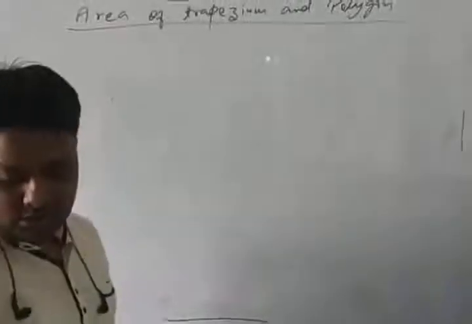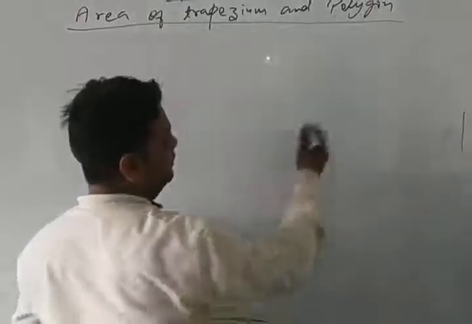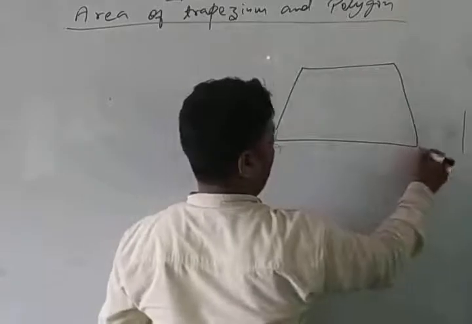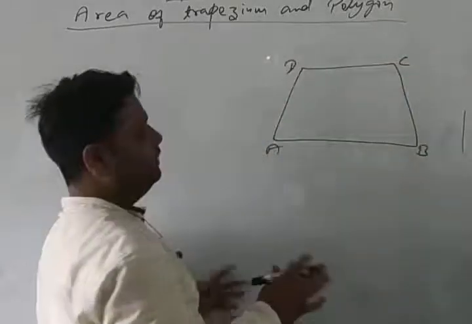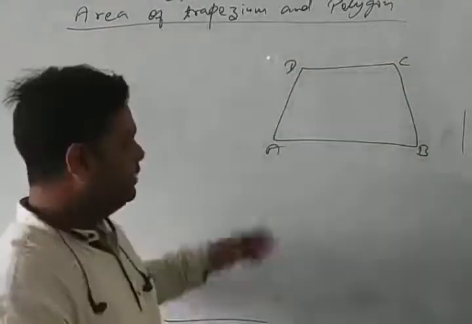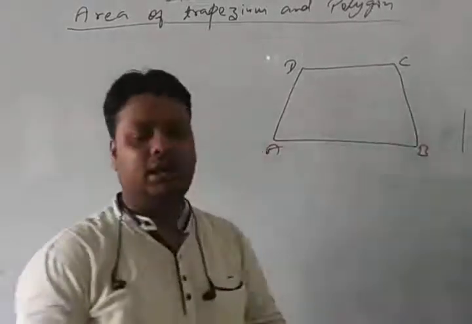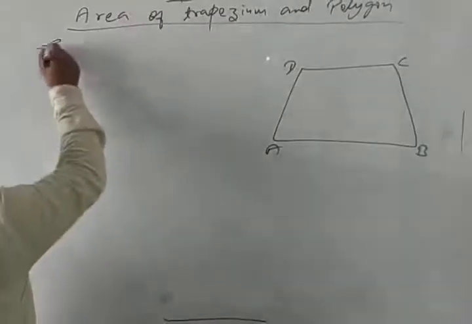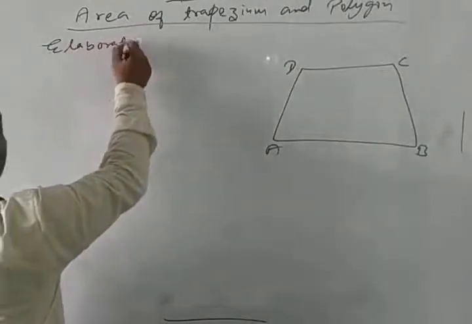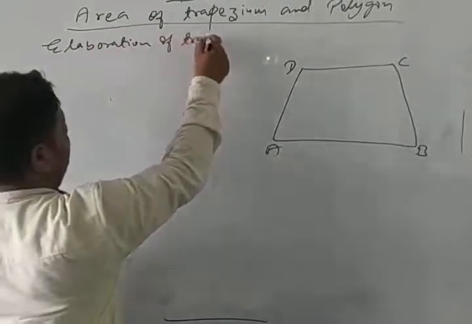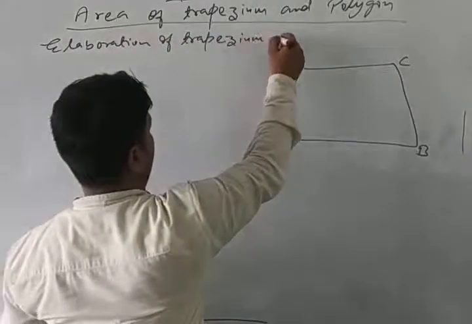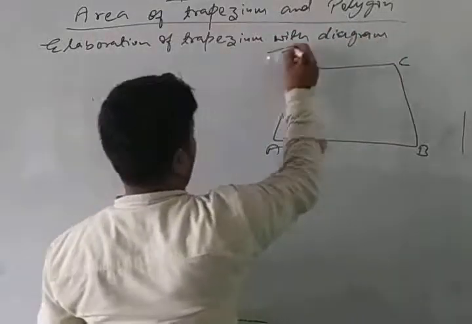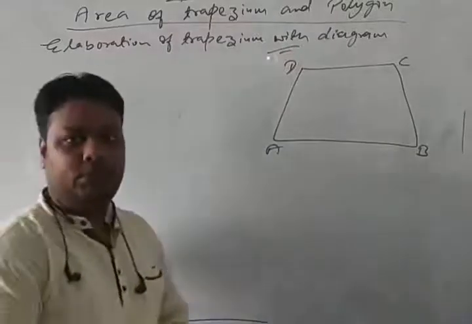Now I am drawing a figure of trapezium. If ABCD is the trapezium, here you can see that A, B, C and D are the vertices of the trapezium. So now the topic is elaboration of trapezium with diagram.